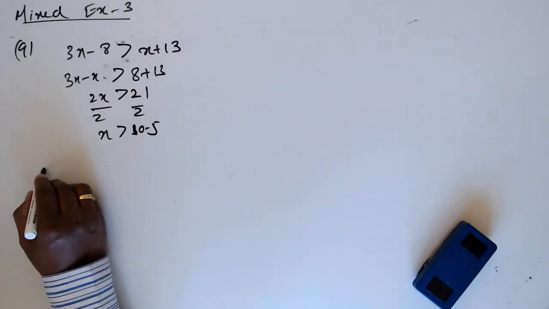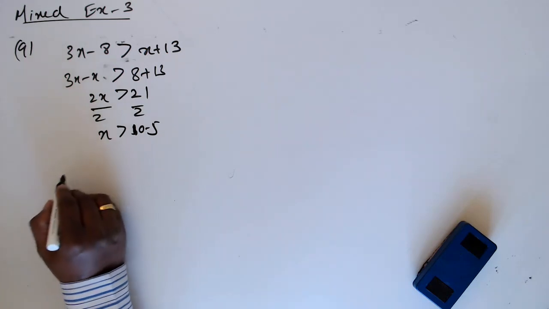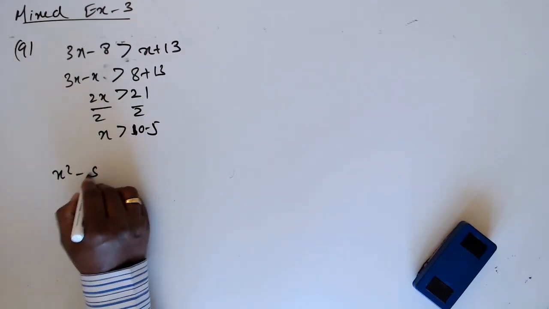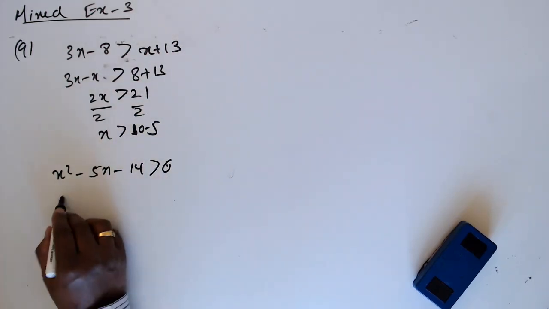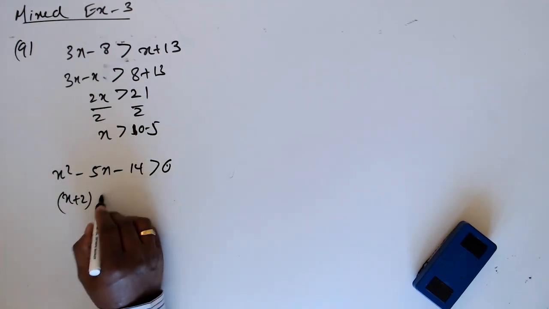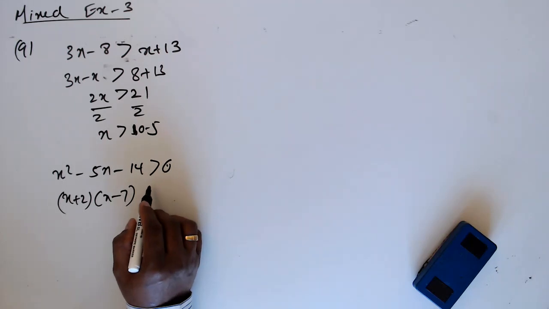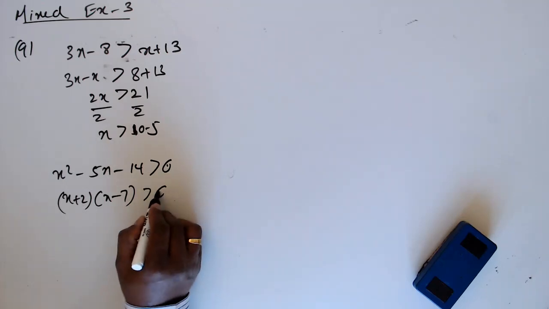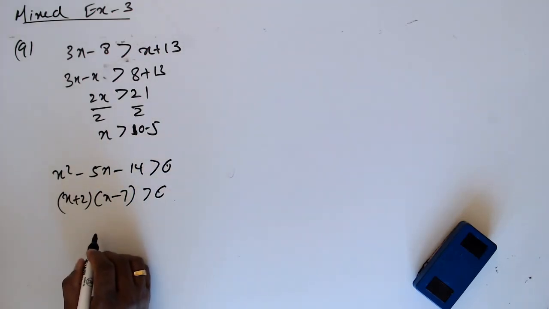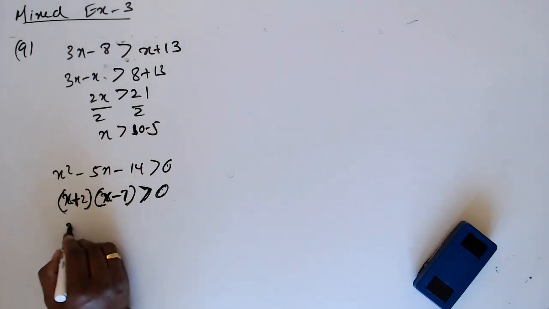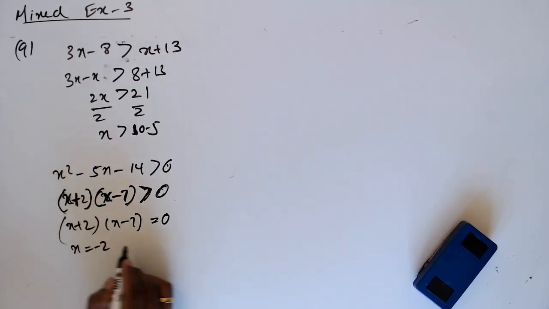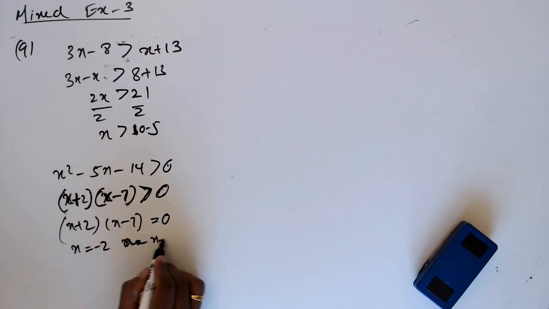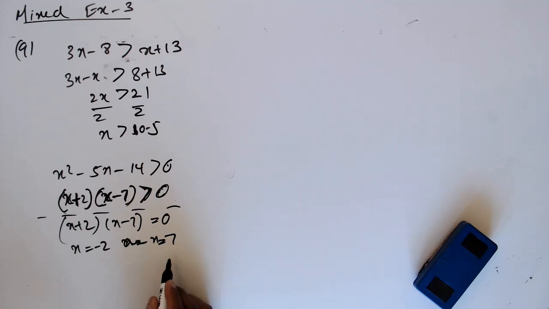Then the quadratic inequality. We will factorize this one: x plus 2, x minus 7 greater than 0. x plus 2, x minus 7 equals 0, so x equals minus 2 or x equals 7 to find the roots.